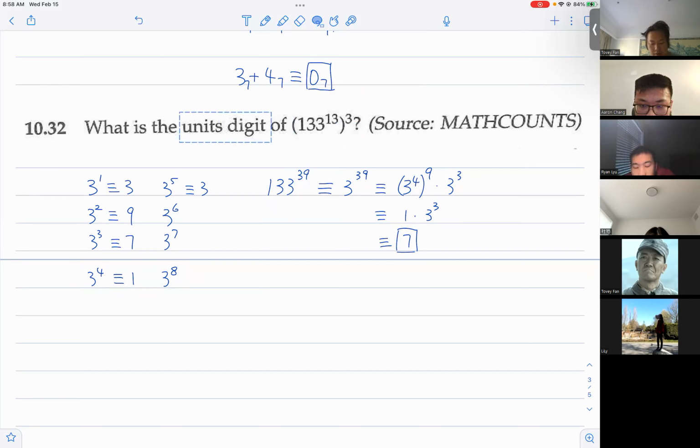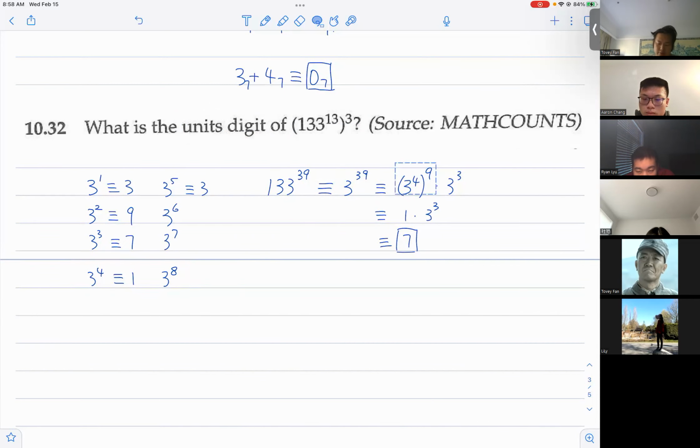Since we're only interested in the units digit, we just need to take the units digit of 3, so 3 to the power of 33. This is 1 less than 40, and 40 is a multiple of 4, so 1 less than that will give you 7.